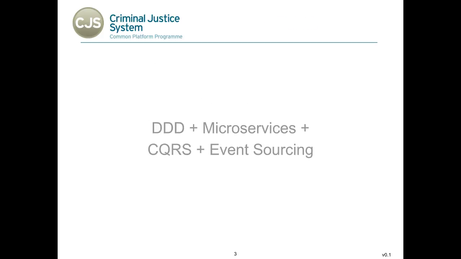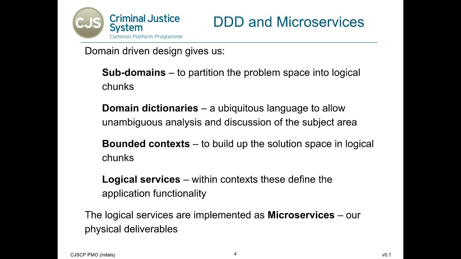So, our first section, just to set the scene. Got a few patterns and principles that we're making use of on the program. The first and the most obvious to everybody on the program will be our domain-driven design approach. I'm not going to explain domain-driven design, and you can read this slide for yourself. But the important thing is that it gives us a way to talk about the business domain in a consistent way between both technical and non-technical people, and it gives us a way to break up the domain in various ways.